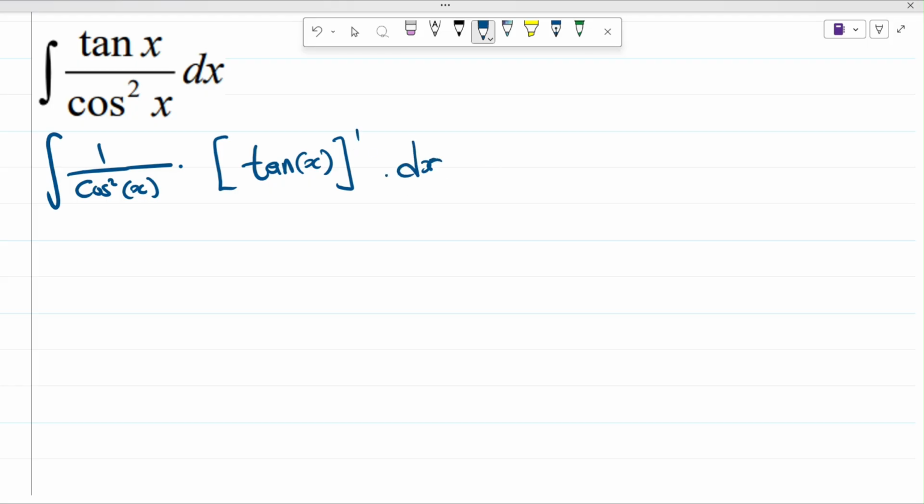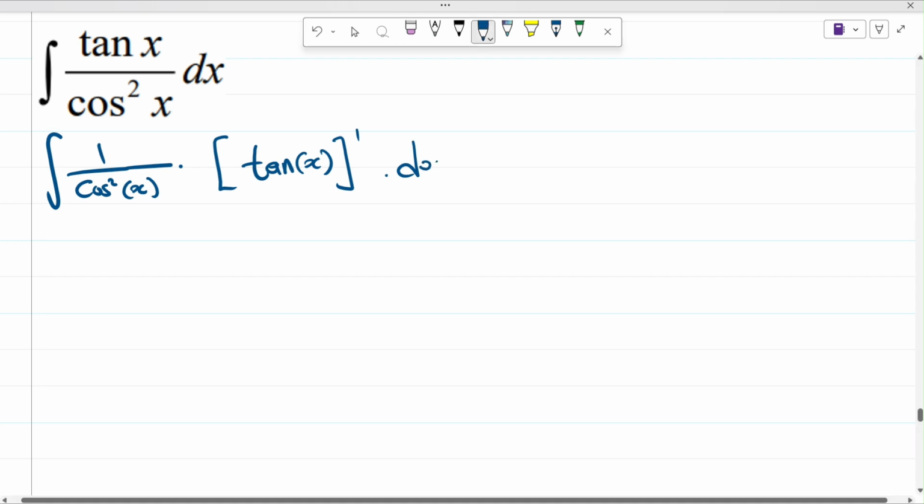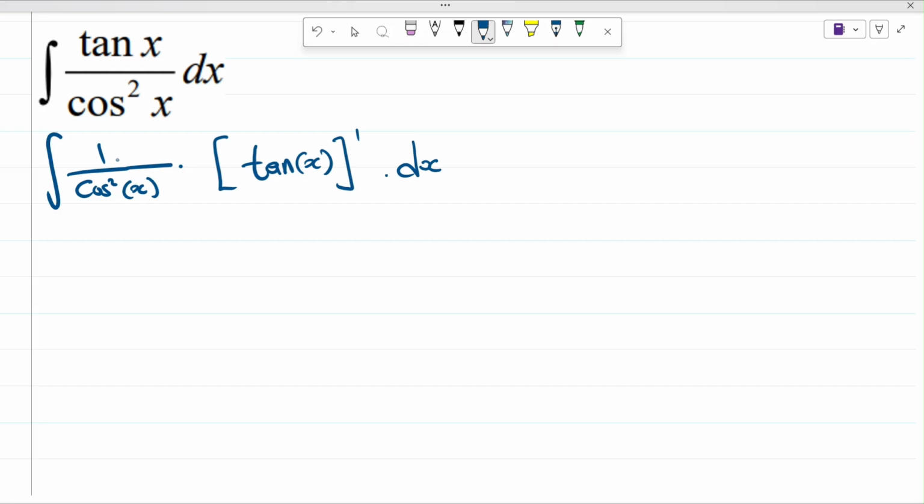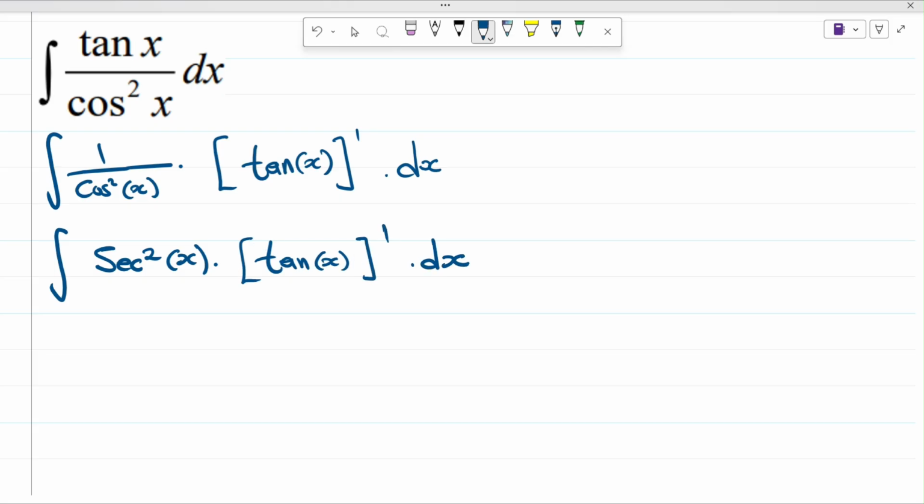So yeah, this is what's going to happen. We know that 1 over cos squared is what? It's sec squared. So this is going to be the integral of sec squared of x multiplied by tan of x to the power of 1 dx.